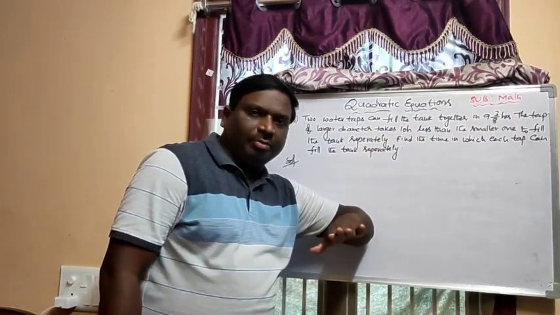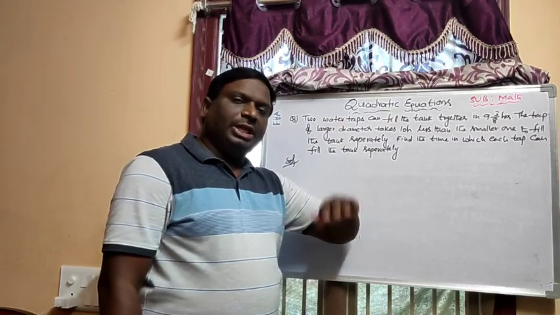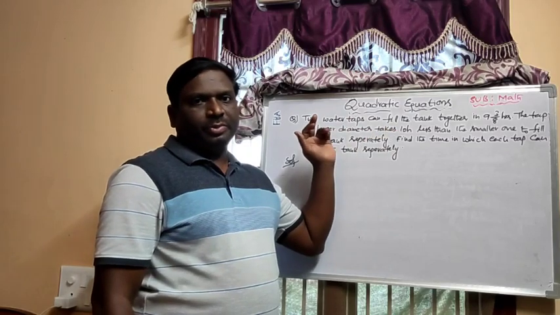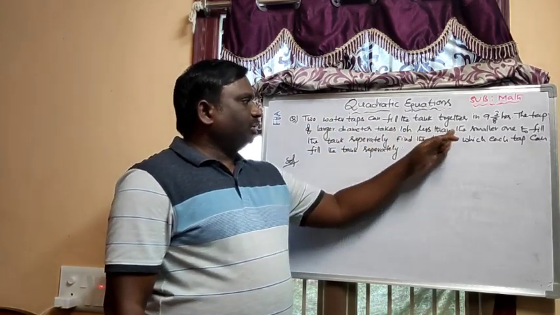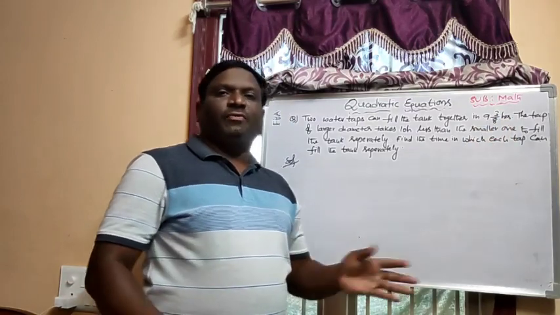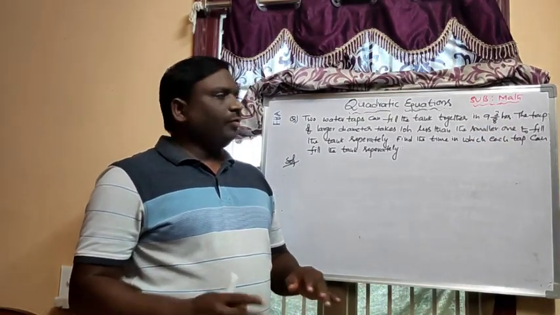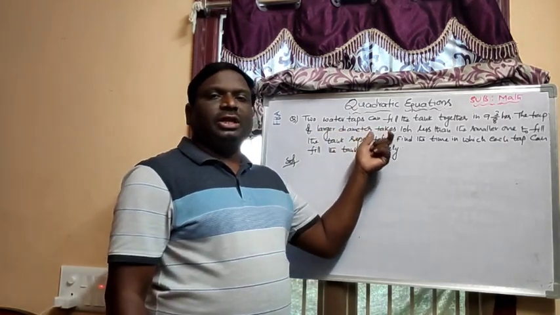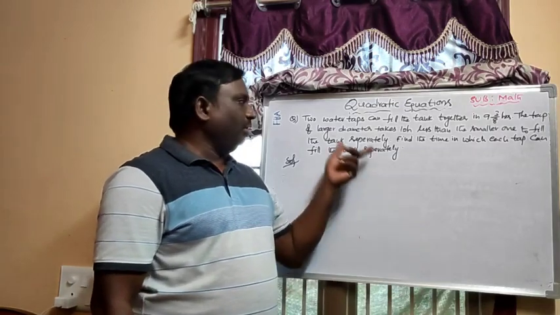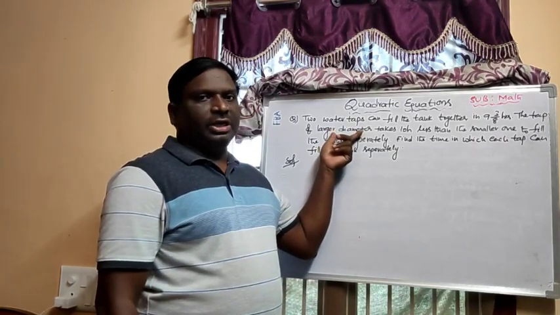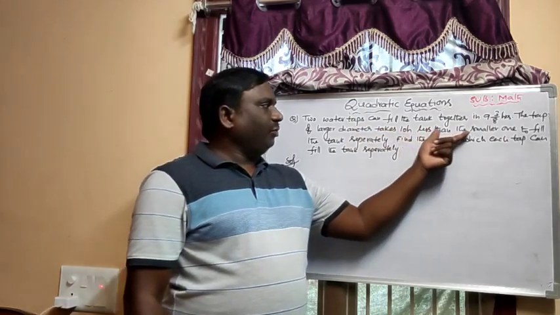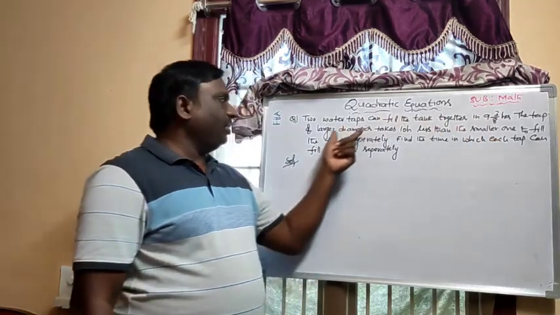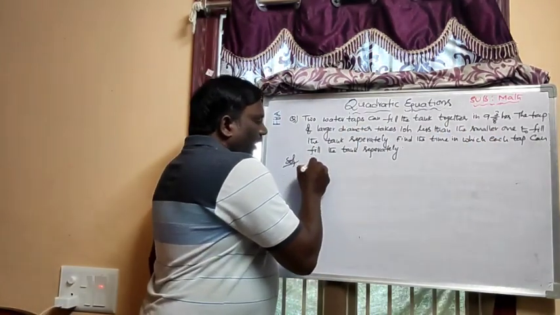If you know the smaller diameter tap time, then you can find the larger diameter tap time. Suppose the smaller diameter tap takes 50 hours to fill the tank, then the larger diameter will take 10 hours less, that means 40 hours only.